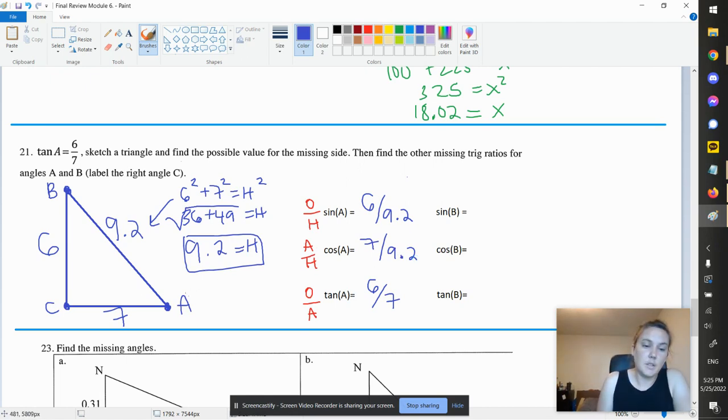And then when we look at A, 6 is the opposite and 7 is the adjacent. But when we look at B, 7 is actually the opposite one and 6 is the adjacent.